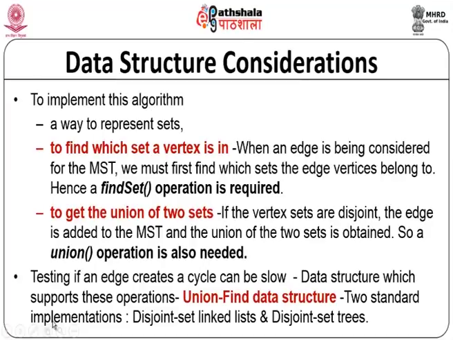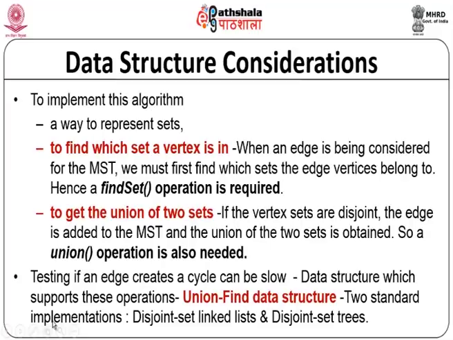When an edge is being considered for the minimum spanning tree, we must find which sets the edge vertices belong to. For example, if you have selected AB, you have to find which set A belongs to and which set B belongs to. So, you need a find set operation to find this set.